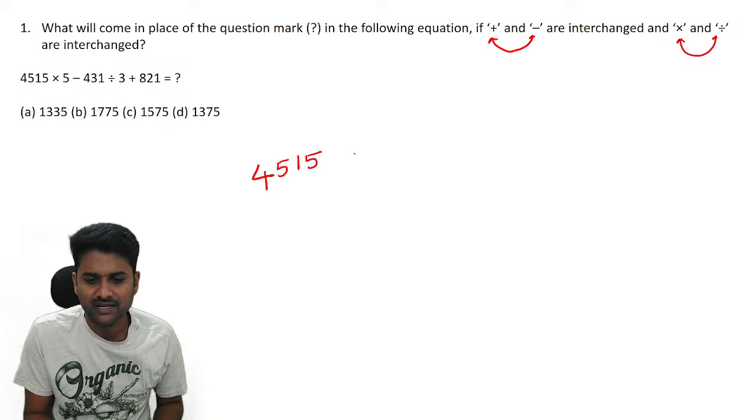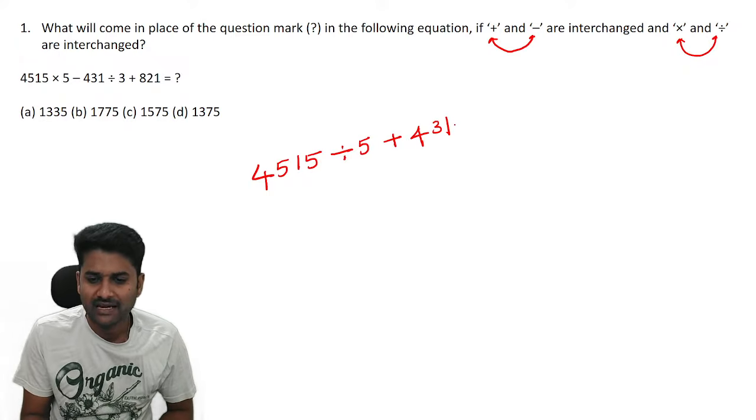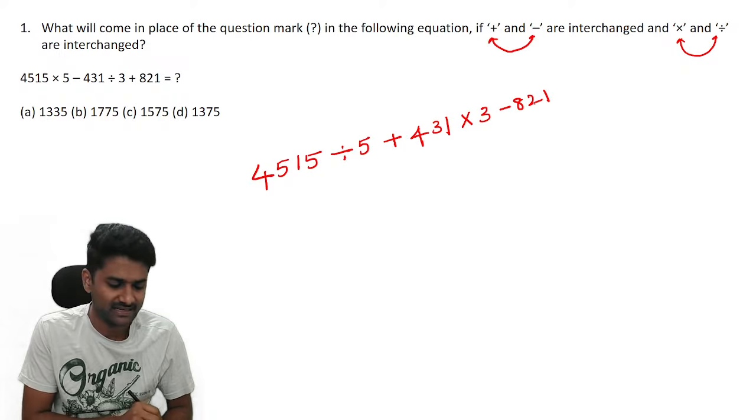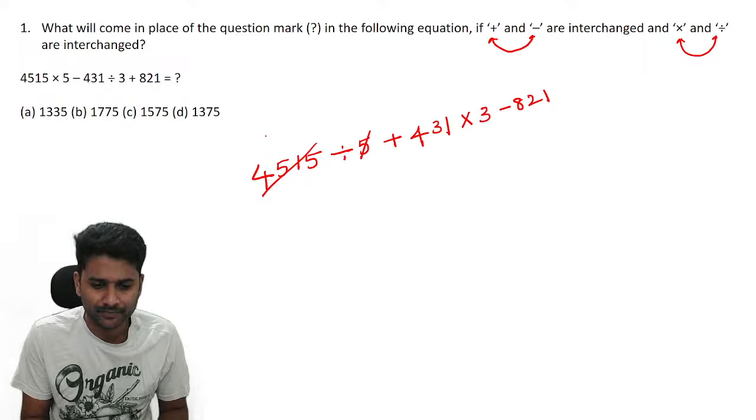4515, and multiplication is replaced with division by 5, minus 431, and minus can be replaced by plus, division again replaced by multiplication, and plus is replaced by minus. You have to replace these symbols and just go through the simplification part.